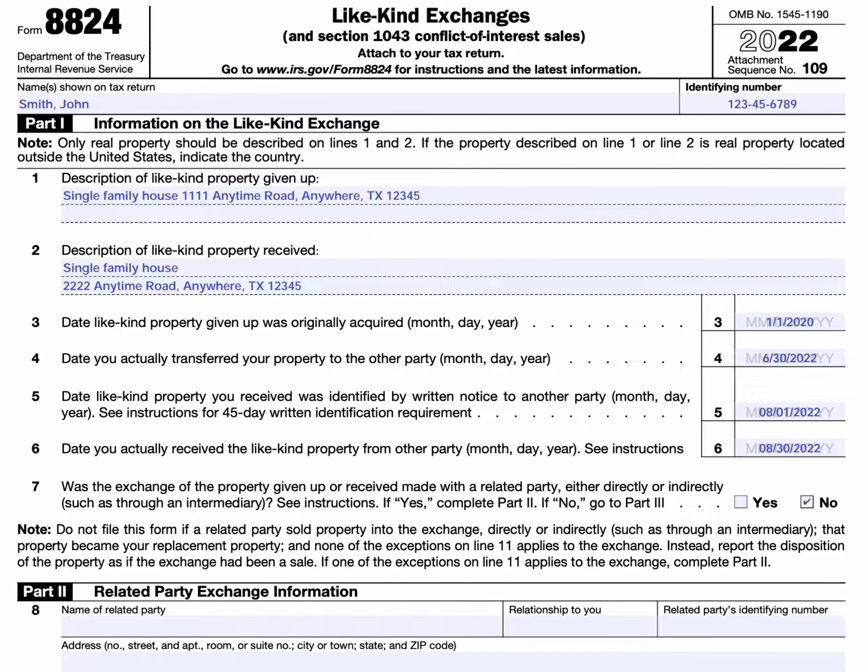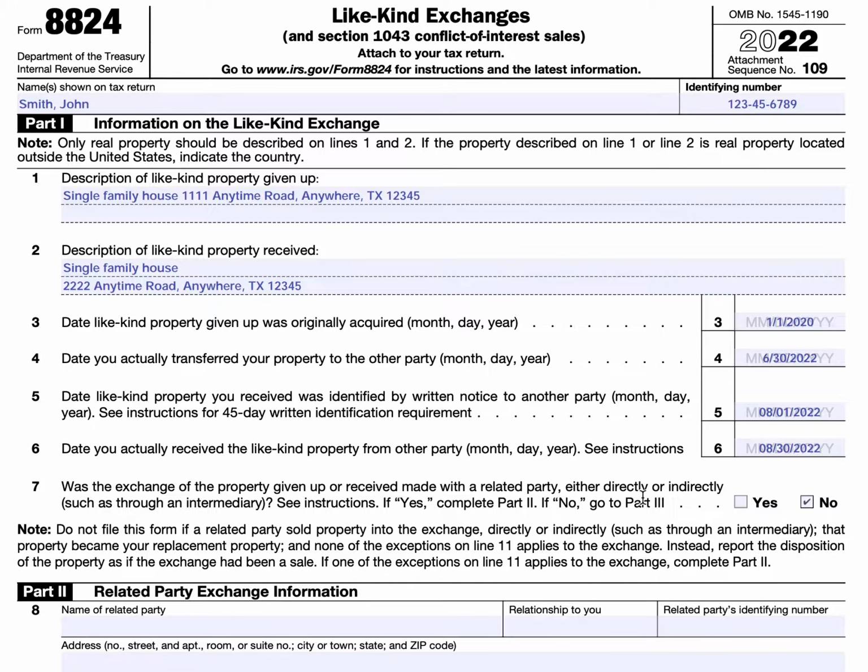So then in line 6, the date that we actually received that like-kind property from the other party. And again, if you actually receive the property within the 45-day window, then for all intents and purposes, you have met the written identification requirement. And then line 7, you're going to check yes or no if you made the exchange with a related party.